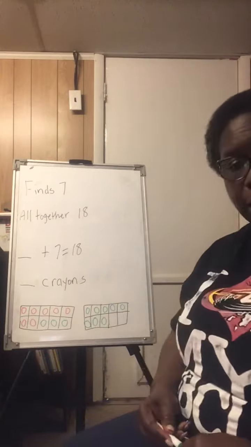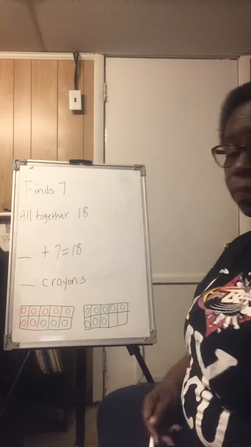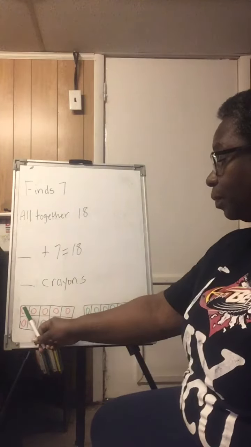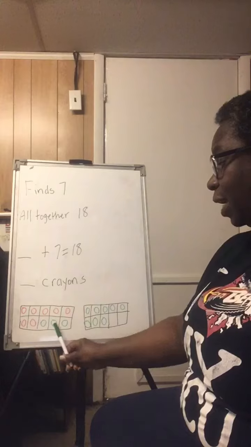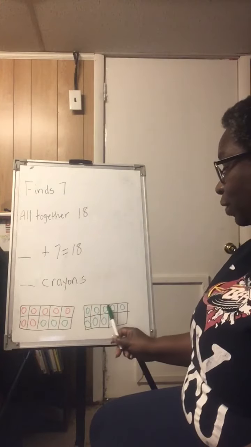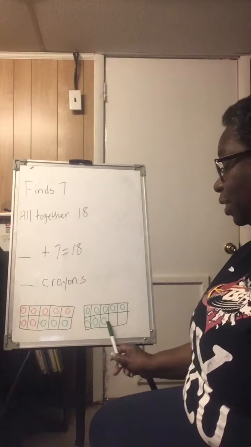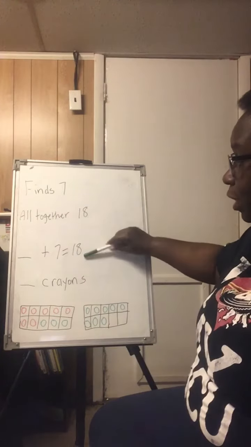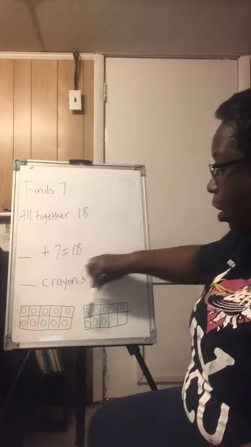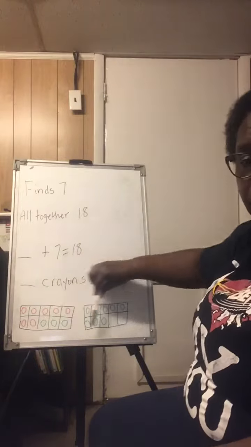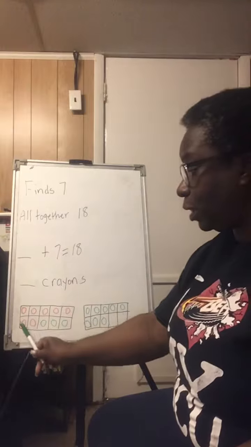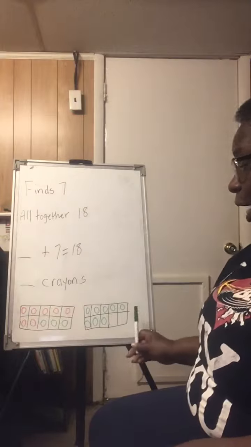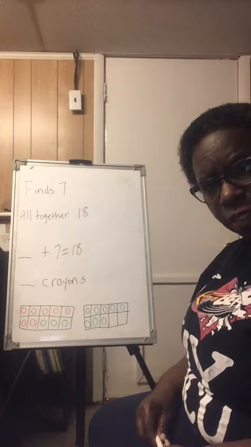Now let's count them all together and see if we have 18 circles. Ready? 1, 2, 3, 4, 5, 6, 7, 8, 9, 10, 11, 12, 13, 14, 15, 16, 17, 18. So she has 18 with all the crayons together. She had 7 red ones that she found, but she had some before she found the 7.